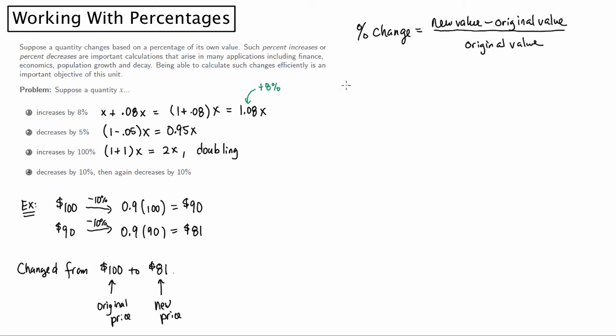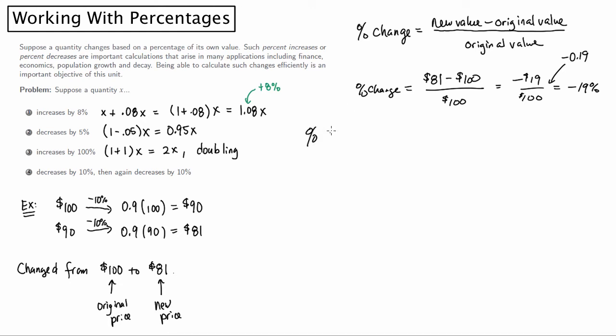So for this example, if I want to calculate the percent change, it would be the new value of 81 minus the original value of 100, divided by 100, which would be negative 19/100ths, or negative 19%. So if I divide those, I get negative 0.19, which is the same as negative 19%.